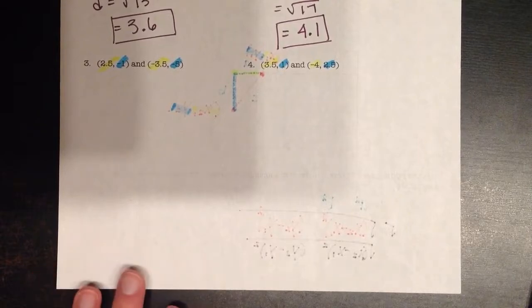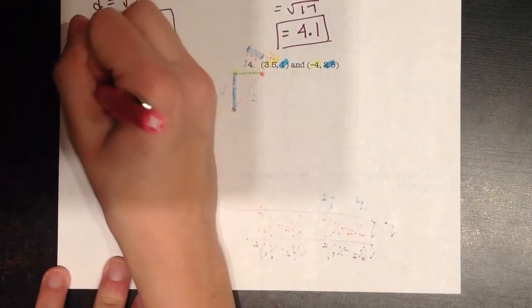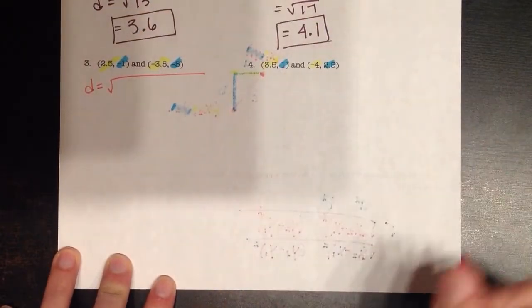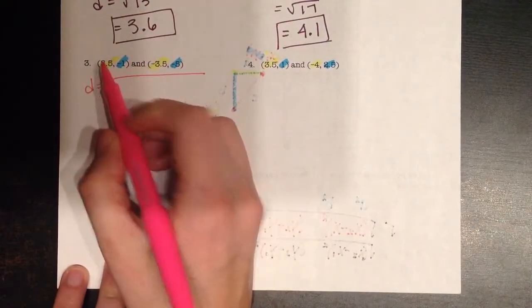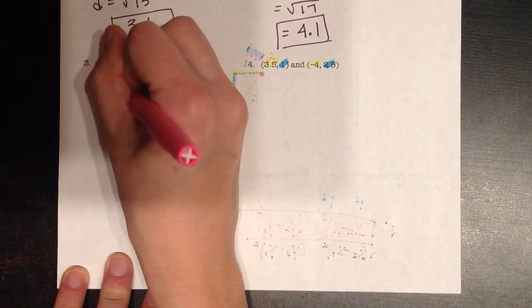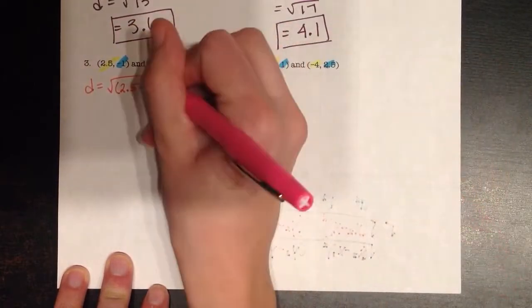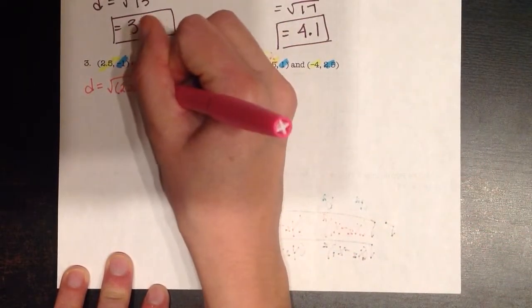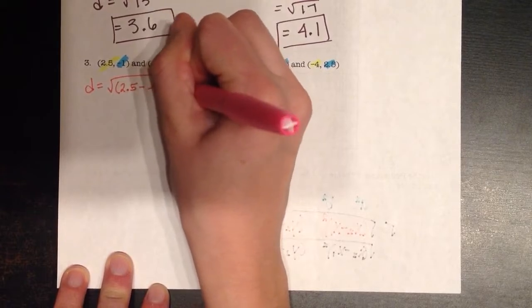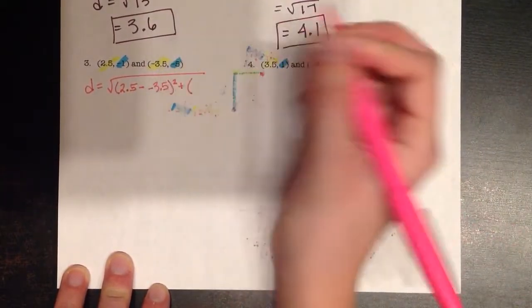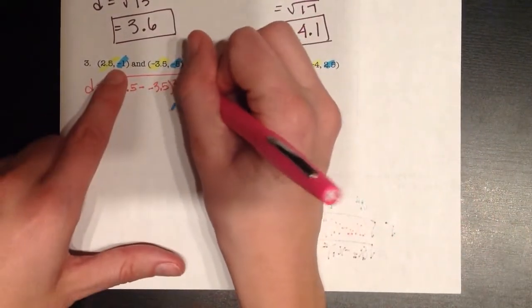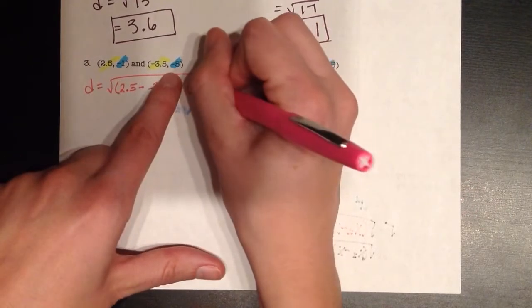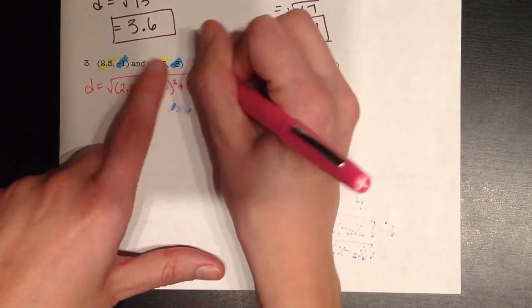All right, number 3, setting up in our formula. Okay, let's say I start with this one, 2.5 minus negative 3.5 squared plus negative 1 minus negative 5 squared.